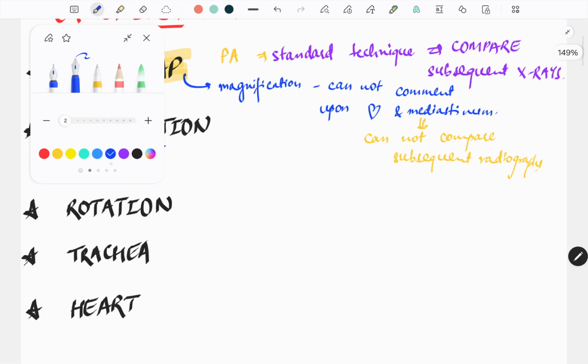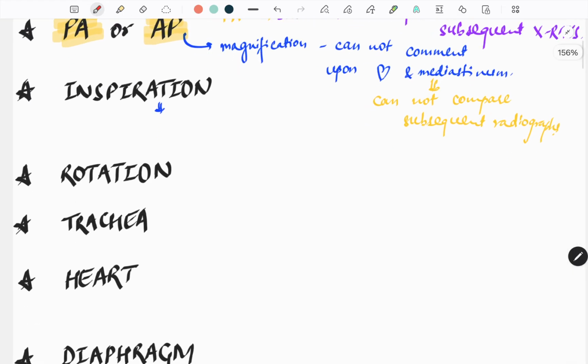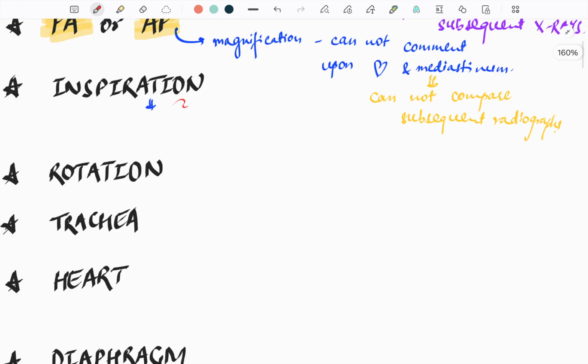Now we'll see how inspiration will affect an X-ray. Inspiration, if adequate, will expand the lungs fully.